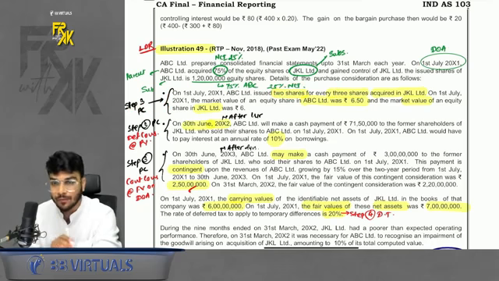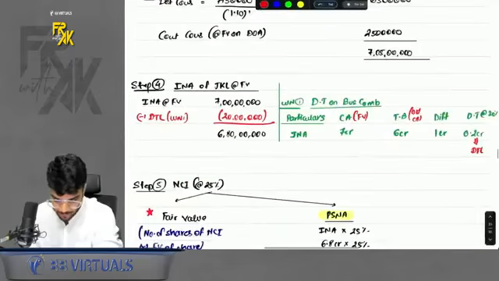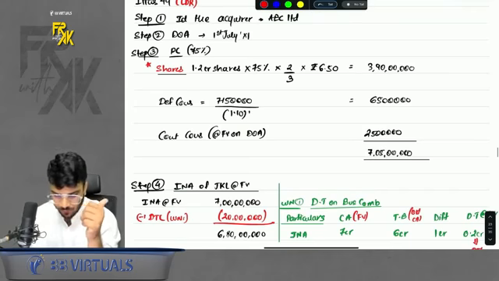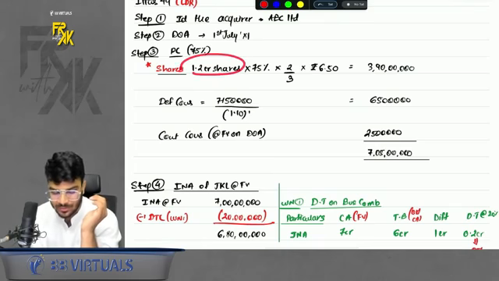Now the confusing part is they have given the fair value of both companies' shares. Do remember, PC is given by the parent, so in PC you will multiply by the share price of the parent. When you take step number 3, PC, two mistakes you can make. When you give PC in shares in a ratio of 2 shares for every 3 shares, take the total shares of the subsidiary.